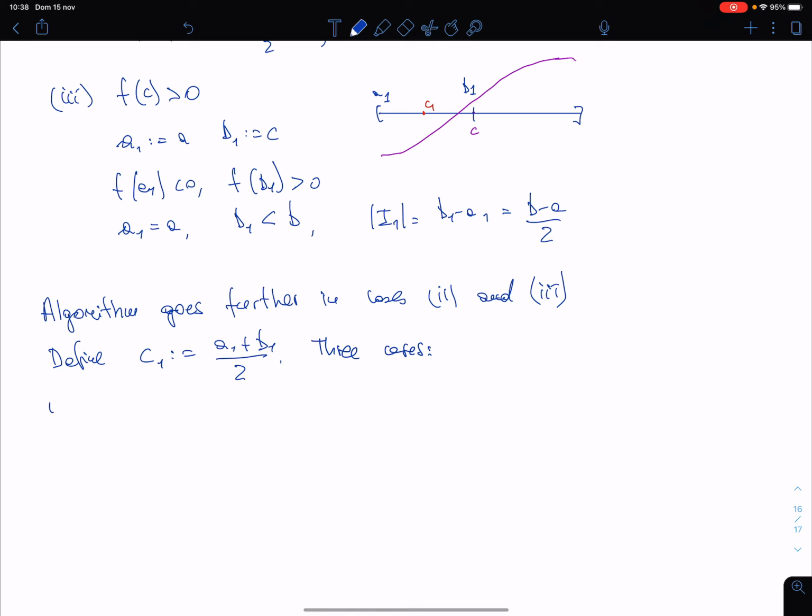The first case has f of c1 equal to 0, and then we say that the proof is complete.